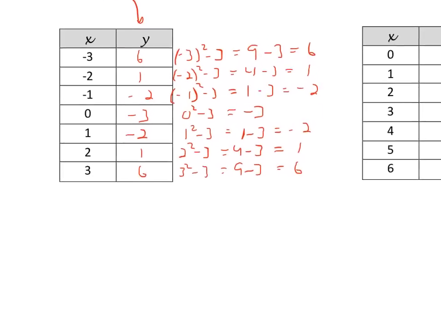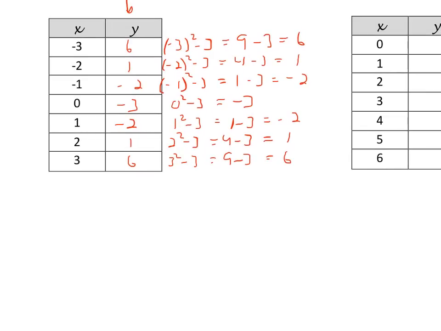Now I don't have the graph on this page, it's on the next one, so I'm going to make my own. If we graph these points, we have -3 and 6, which is about there. We have -2 and 1, which is about there.